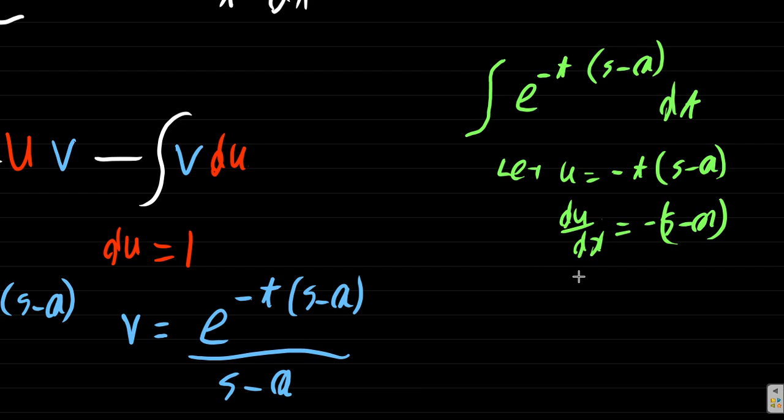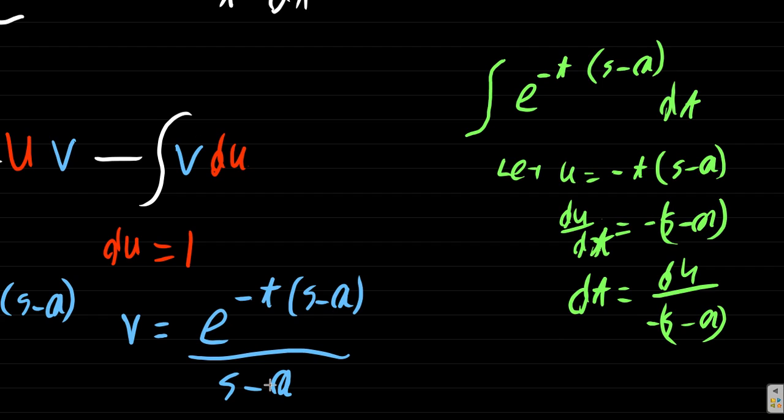So now, this is du by dt. So dt would be equal to, when you transpose, du over negative (s minus a).